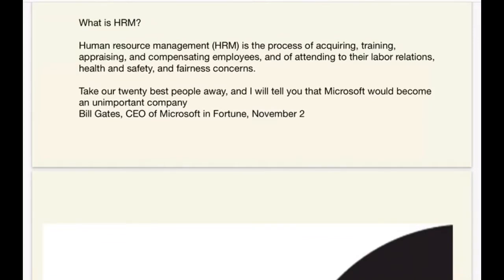Another definition also says HRM is the process of acquiring, training, appraising. You know, acquiring is recruitment, training is developing them or teaching new skills. Then appraising is performance evaluation.